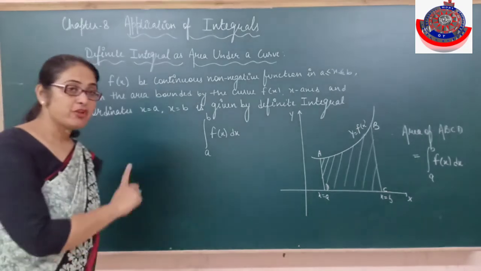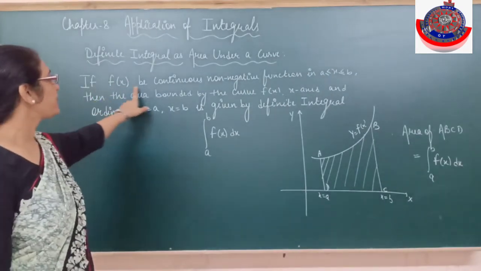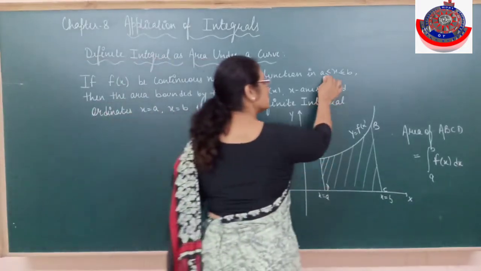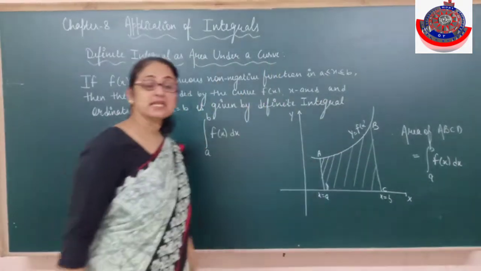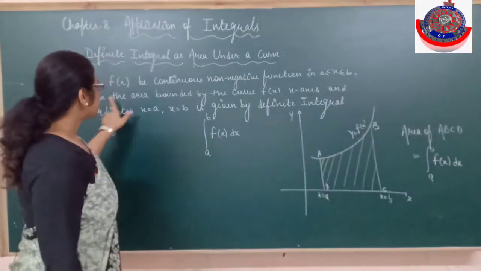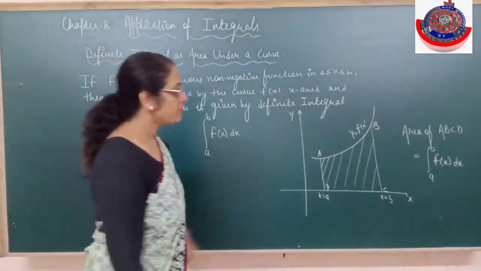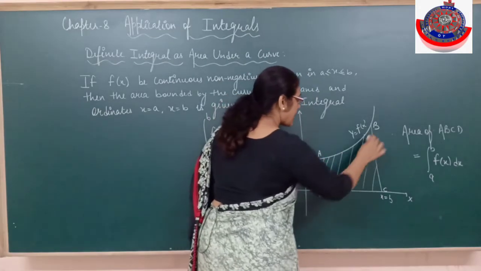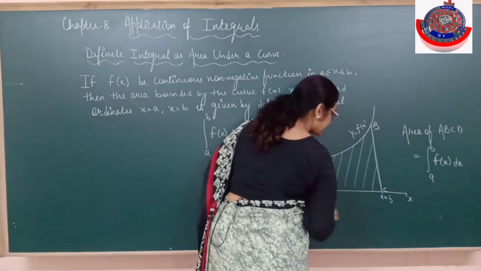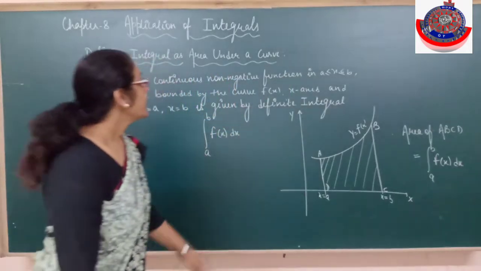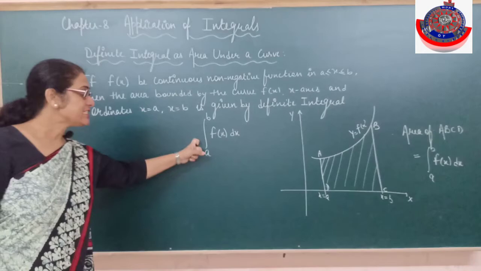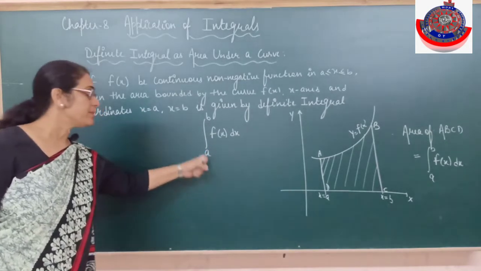If you remember the same thing we wrote there: if f(x) is a continuous non-negative function in the limits from x equals a to b, then the area bounded by the curve f(x), the x-axis, and the ordinates x equals a and x equals b is given by the definite integration, that is the integration of f(x) from the limit a to b.